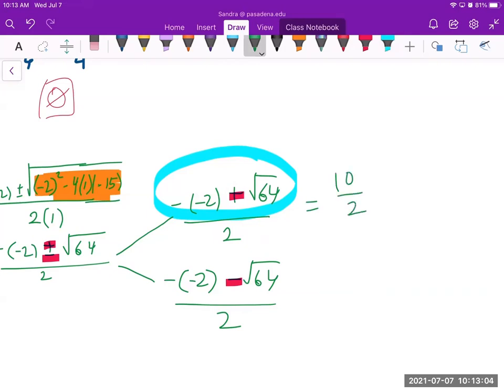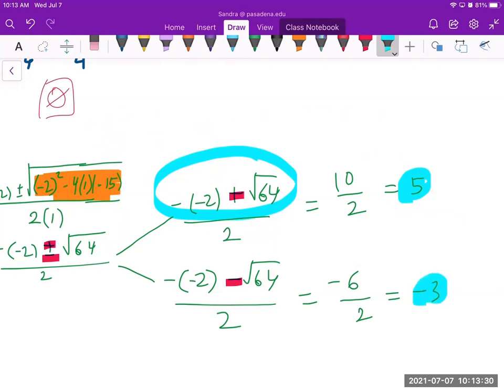Then divide by 2, and the answer will be 5. Go ahead and do the same on the second one, and you're supposed to get -6 over 2, which is -3. So you have two answers, 5 and -3.